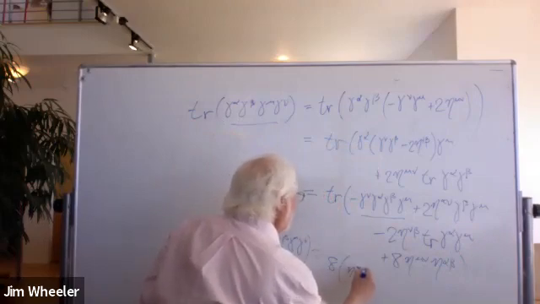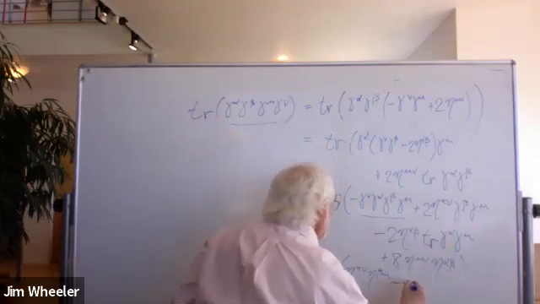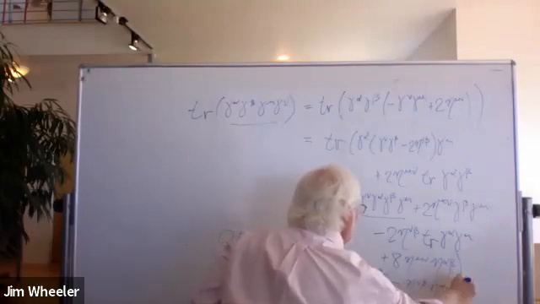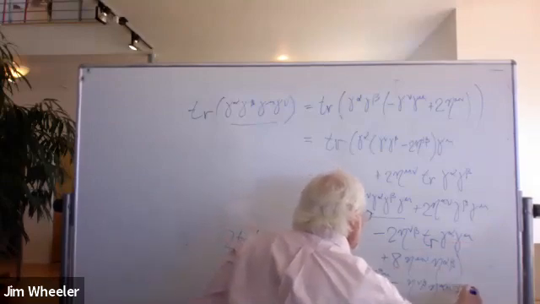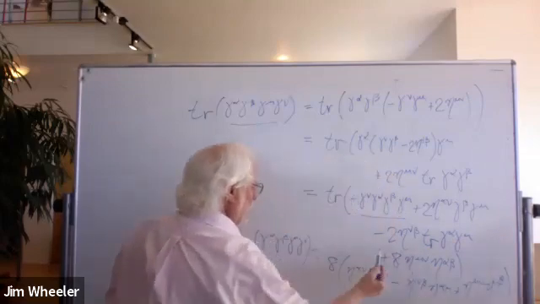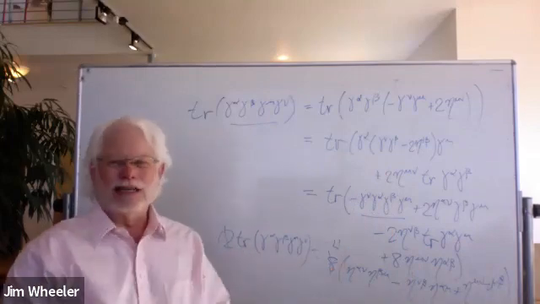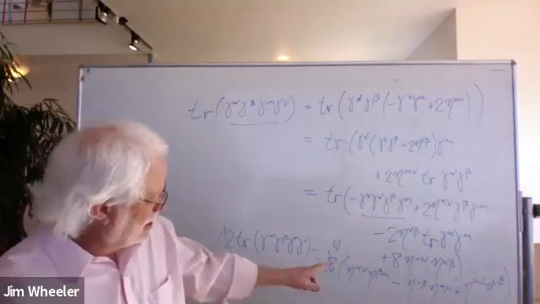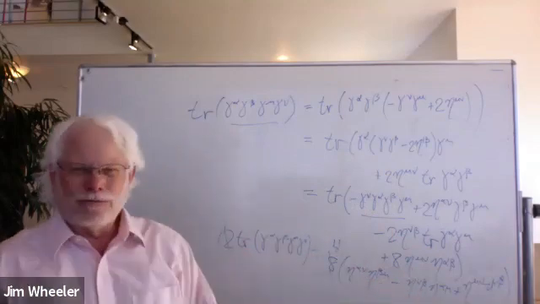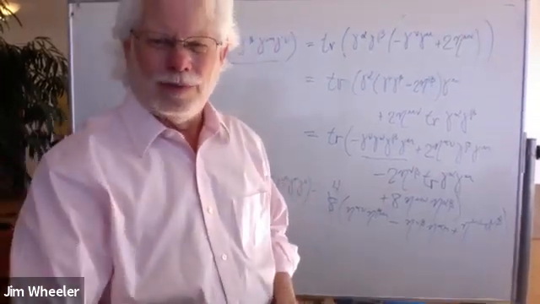Then I have eta alpha nu, eta beta mu from this one, minus eta nu beta, eta alpha mu from this one, plus eta mu nu, eta alpha beta from the last one, and then canceling the 2 gives me 4, and I've got my trace. So it's 4 times the sum and difference of 3 different permutations of the indices on etas. And that's the trace of 4 gamma matrices.